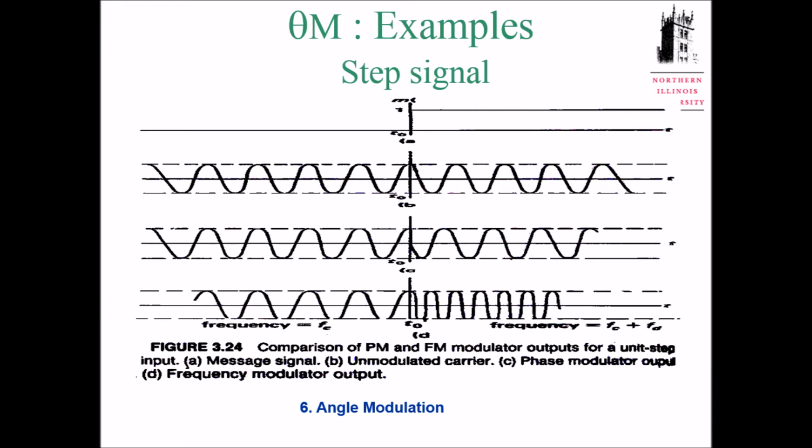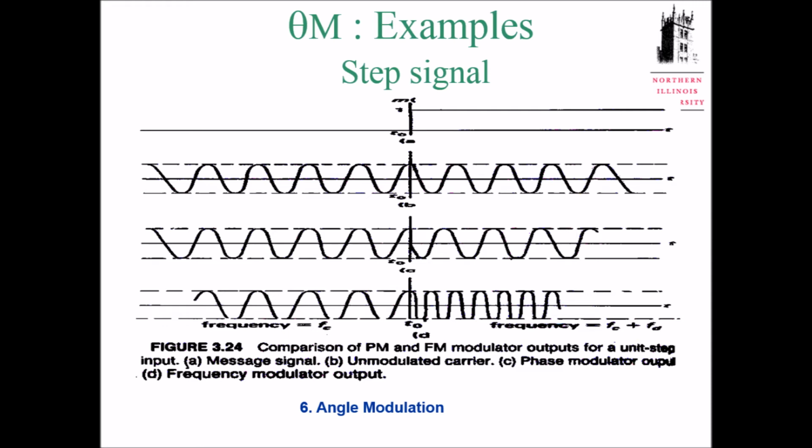Okay, here we want to show examples. The first one is information. We have a unit step function, and this one is PM or FM. This one is the unmodulated carrier. This one is phase modulation. We can find the frequency is kind of the same, but the phase changes when you have a signal change.